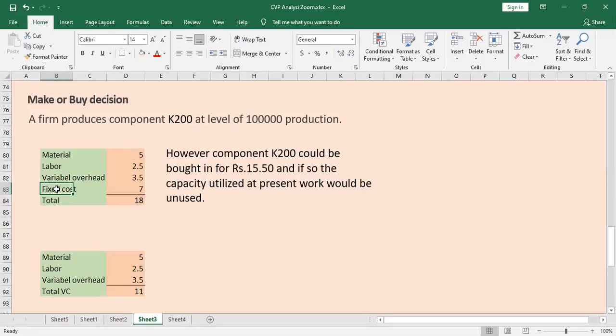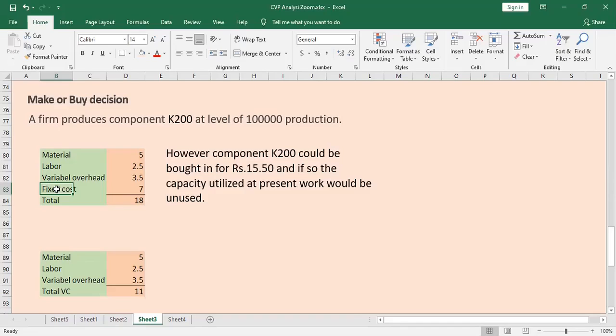If they say that if we do not use this capacity, we can use this machinery to produce another component, then the story is going to be different, because we can use the same facility to create another product and earn on it. So we can release the fixed cost, and we can calculate the contribution given by that alternative activity.